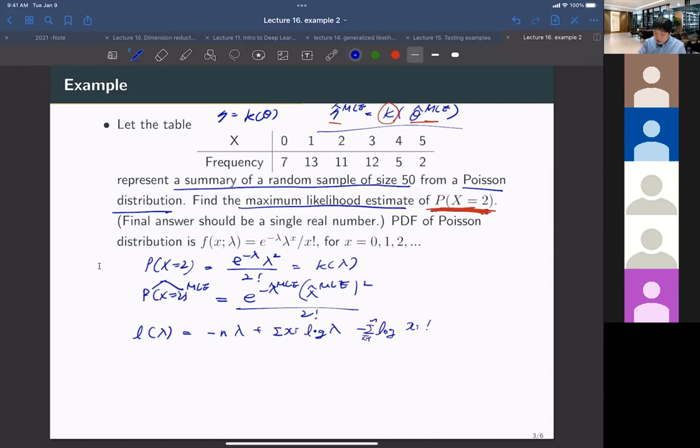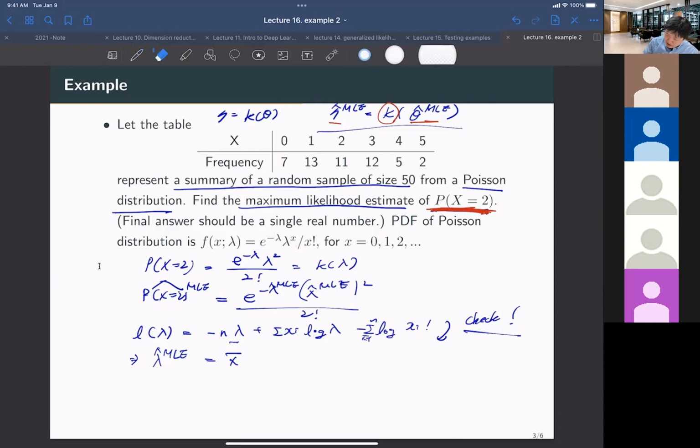We want to find the lambda that maximizes this, so you can easily figure out lambda hat MLE will be x bar. This procedure you need to check by yourself. It is just a simple computation, checking the derivative. So I'm not going to do this in this class. You can do this by yourself. So we get the MLE, then just plug in over there.